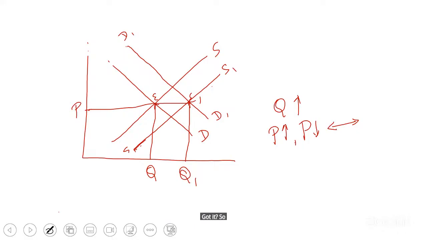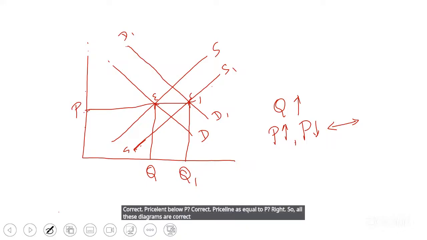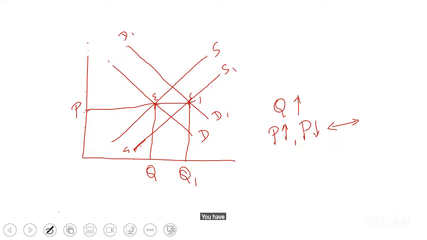So in a few of the diagrams, you may get a price line above P, price line below P, or price line equal to P. All these diagrams are correct as long as you have drawn an upward shifting demand curve and a downward shifting supply curve to show the increase in demand and supply, and your quantity would definitely increase.